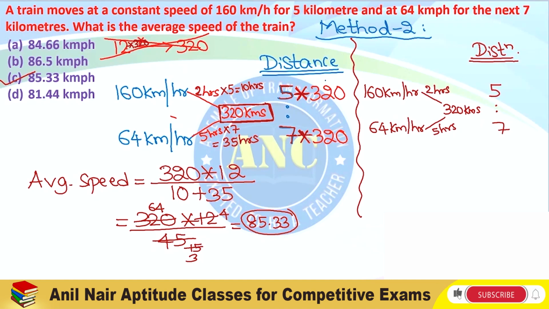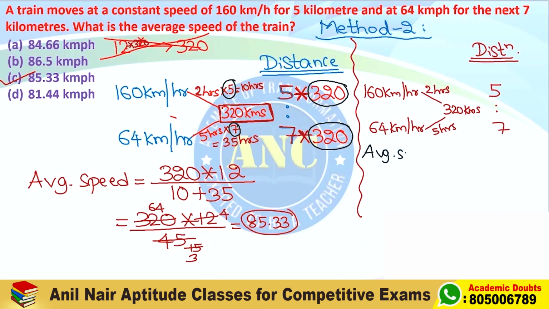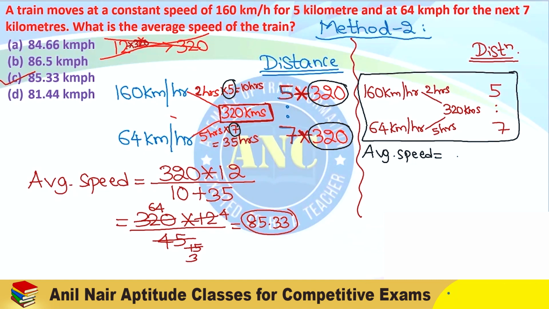Now see here, rather than multiplying 320 here, 320 here, and again by 5 and by 7, you don't need to do all these things while solving. I directly want to write the average speed just by whatever I have right now, from here to here. How to write it? See here, it's so simple. Average speed is total distance by total time.